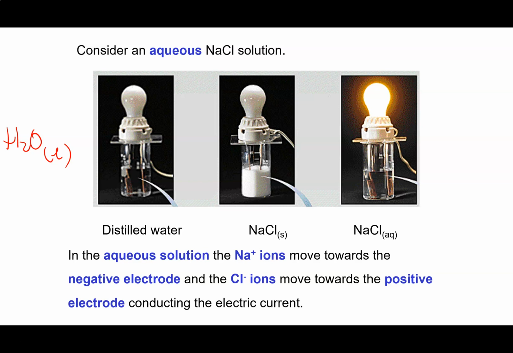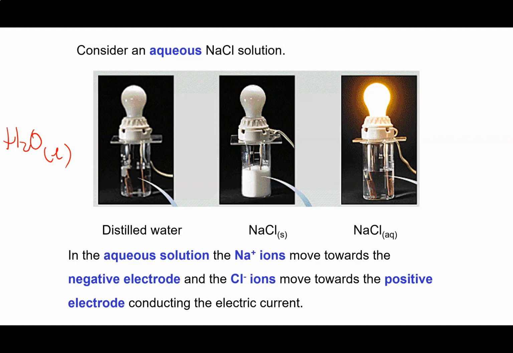If I take a sample of a solid ionic compound, the positive and negative ions are not able to move. They're trapped in place within a crystal. So because there are no mobile electrically charged particles, solid sodium chloride or any solid ionic compound will not be able to conduct electricity. It won't function as an electrolyte.